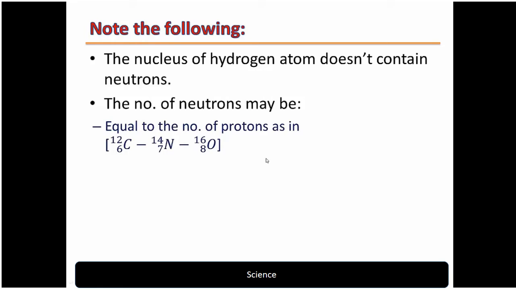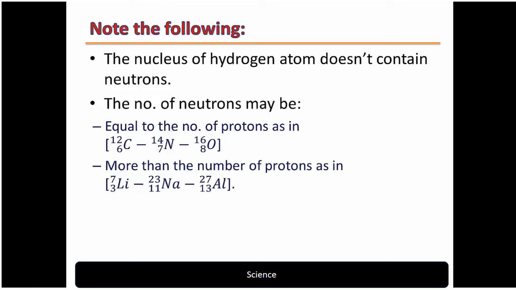So the number of protons is equal to the number of neutrons in some cases, and the number of neutrons may also be more than the number of protons, as in lithium 3, 7, sodium 11, 23, aluminum 13, 27. The number of protons in lithium is 3.